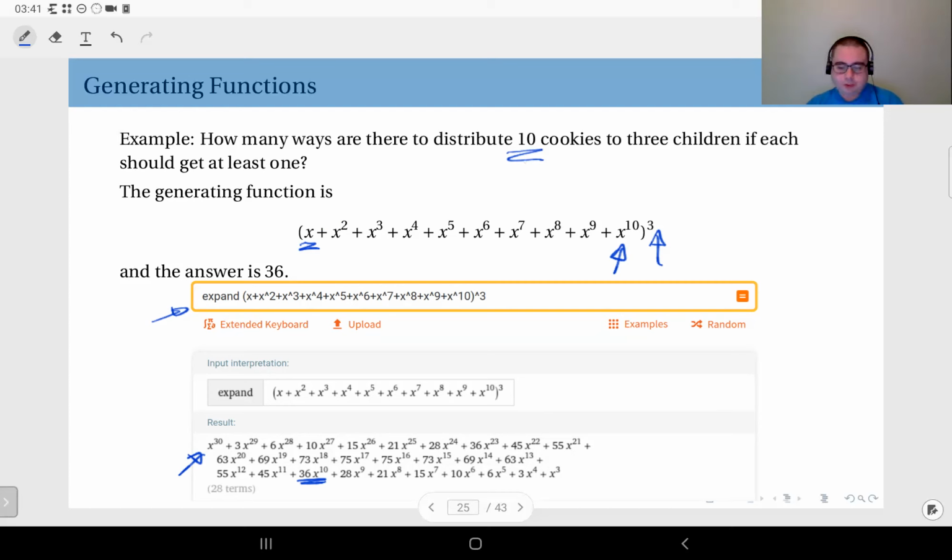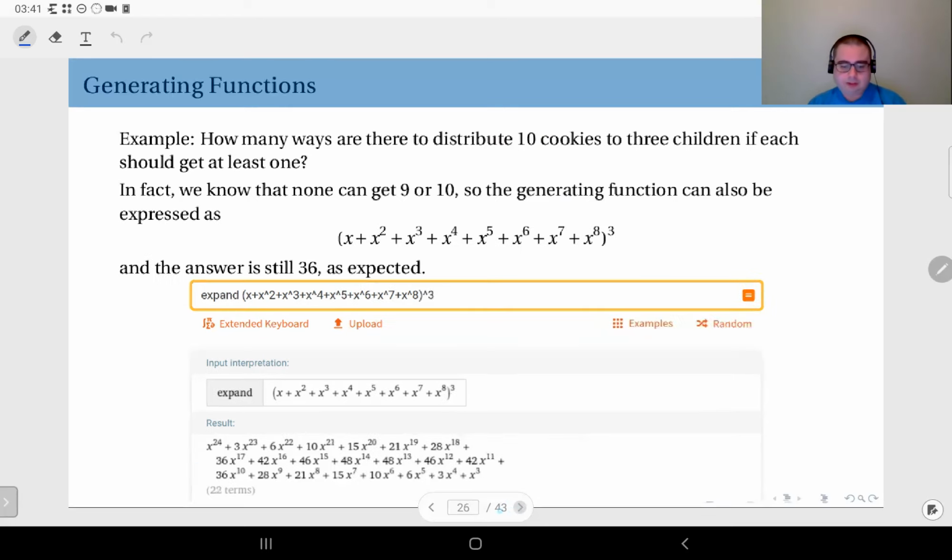And in the scenario where you have just 10 cookies, of course, none of the children will have 10 if you disallow 0 cookies, right? Because even if you just give 1 to the first, 2 to the second, the third one will get at most 8. So I can actually truncate this from 8. Okay? So none can get 9 or 10.